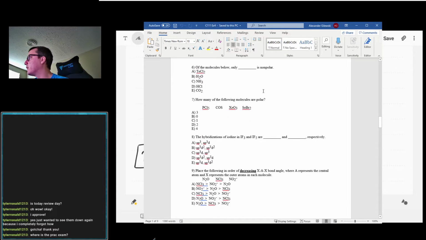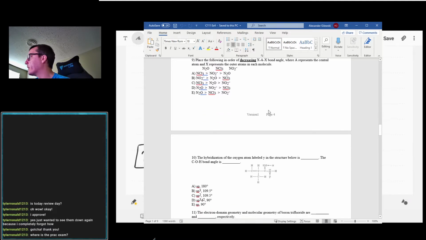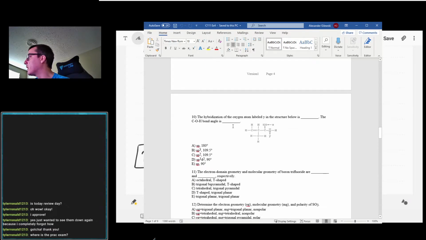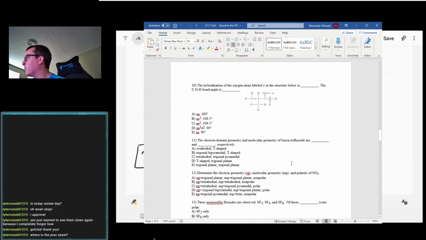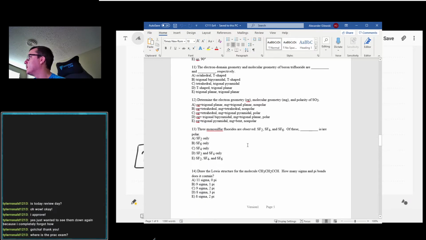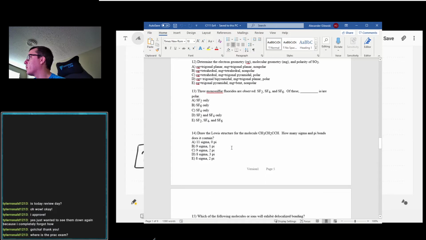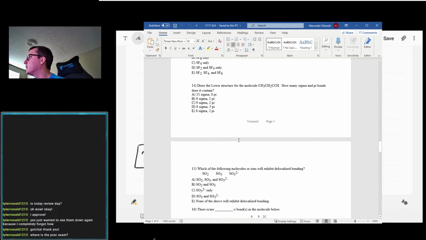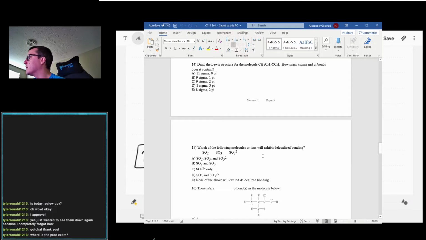The polarity stuff I would also not worry about because we're going to deal with that in the next one, because I had taught it in a different chapter. So yeah, I've got stuff on hybridization, bond angles, geometries, sigma and pi bonds, delocalized electrons. Remember, that's going to be your resonance sort of thing.